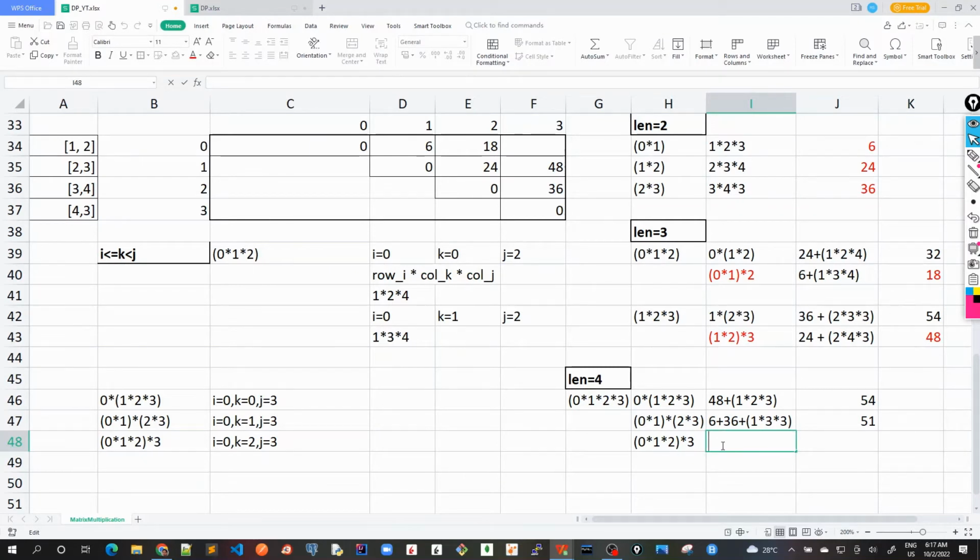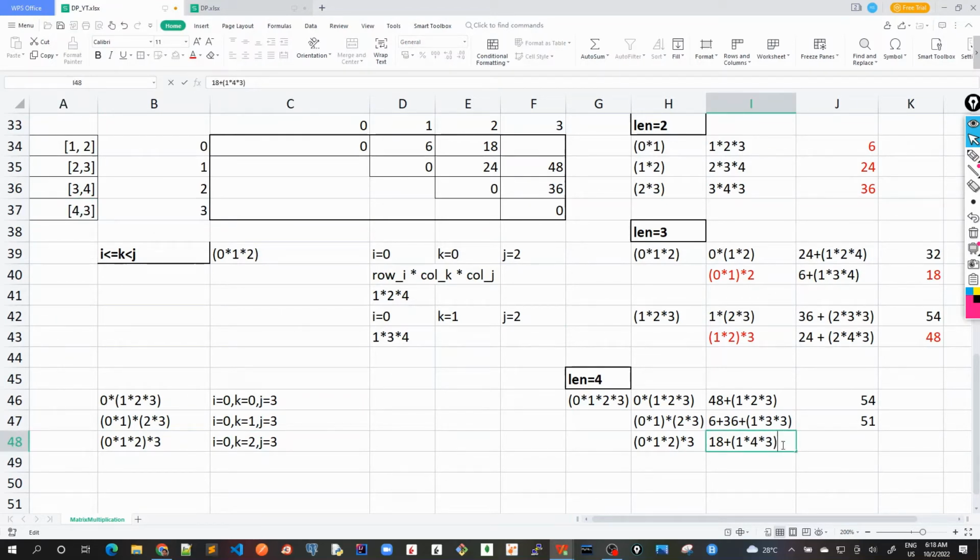It's 18 plus, now again row of i, which is still 0, is 1, multiplied by column of k, which is the second matrix, so this one, and column of it is 4, and then finally column of j is 3, which is our last matrix, right?